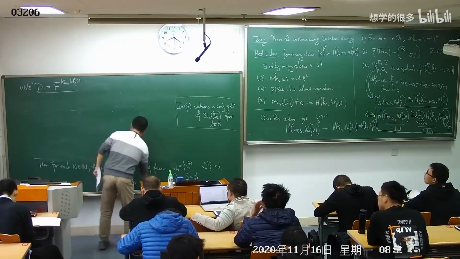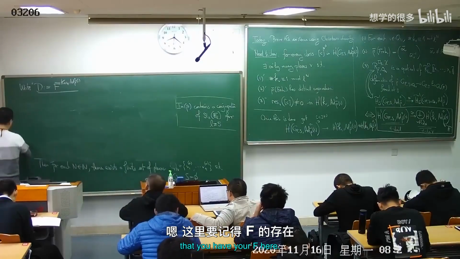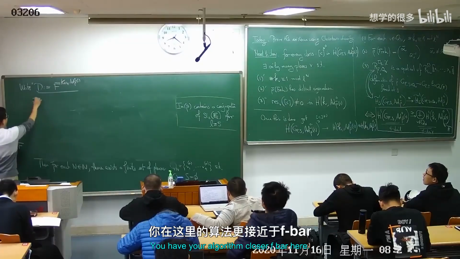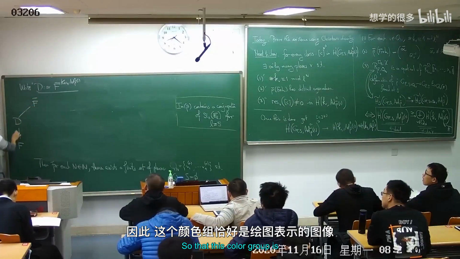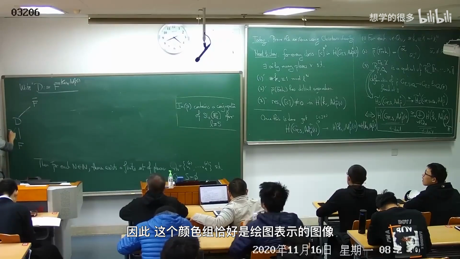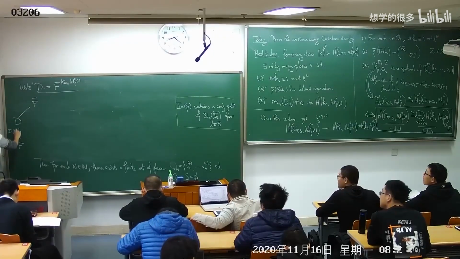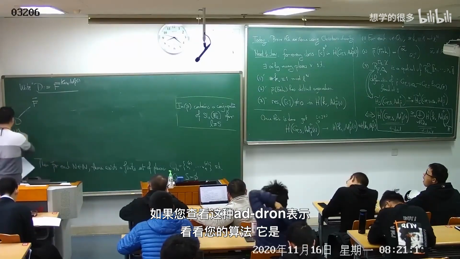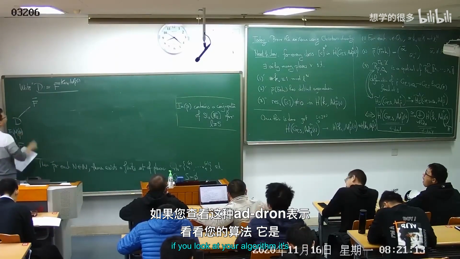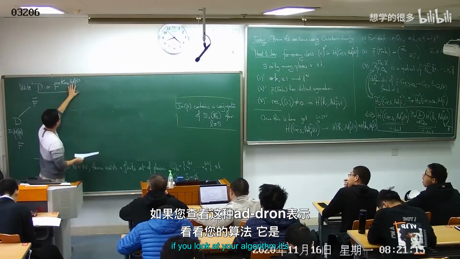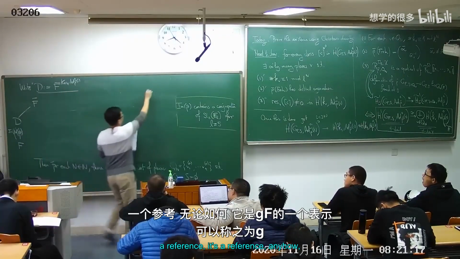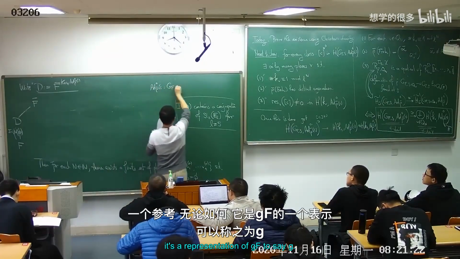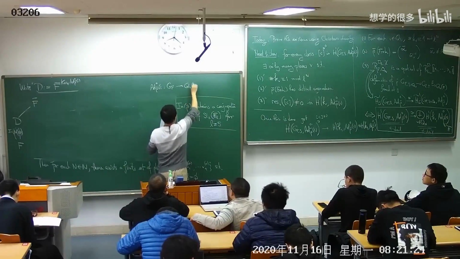What is that field? Well, remember that you have your F here, right? You have your algebraic closure F bar here. So that this Galois group is precisely the image of the adjoint representation. If you look at your adjoint representation, anyhow, it's a representation of G_F to, say, GL_2 of F, right?